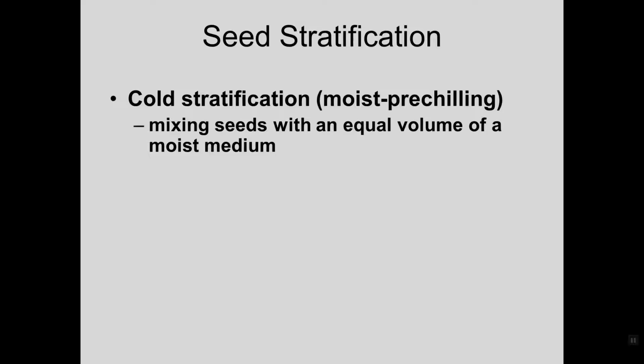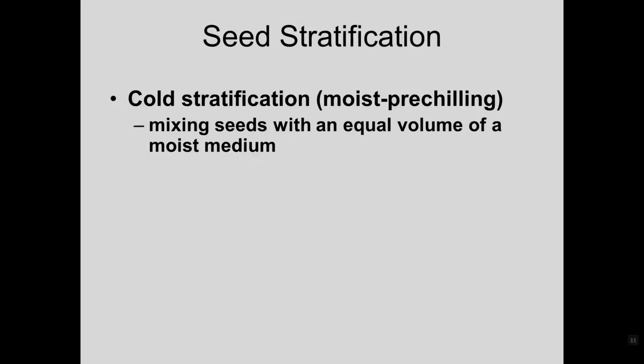So I've done this quite a bit with native plants here in the mountains of Southern California, where I used to work for the Forest Service up in Big Bear, and we would collect a lot of the seeds, and some of them would require this. So we would just take a Ziploc bag and put moist sand in it and mix the seeds that we wanted to. Sometimes, for example, acorns, although those usually don't require it.